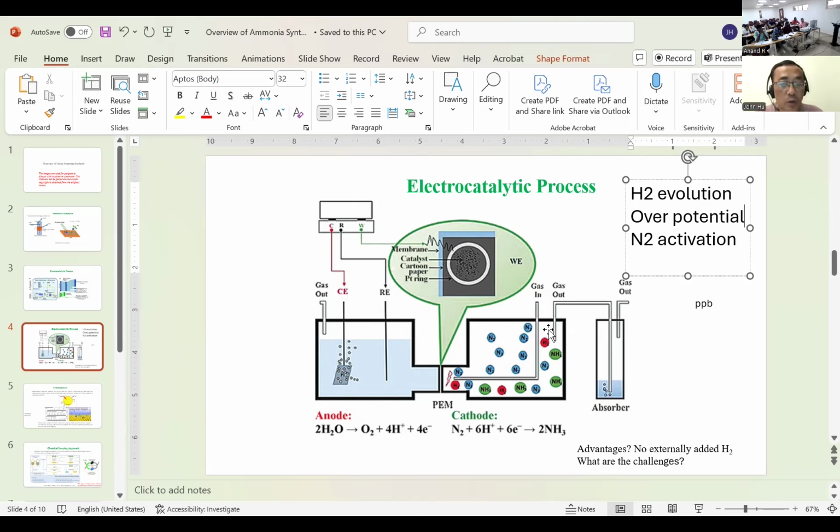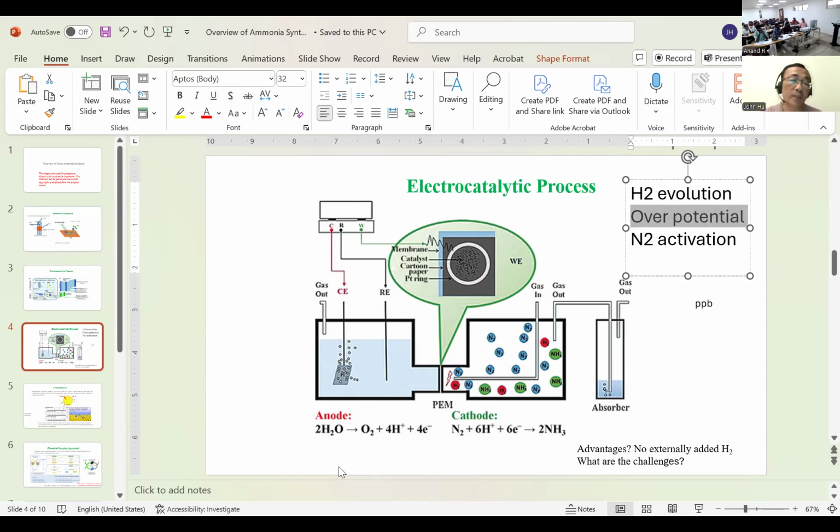In order to do so, you have to make the anode and cathode super active. Super active means their kinetics are very fast. That's the catalyst. You have to develop a catalyst, put it on the cathode to enable faster kinetics of this reaction. There's another way from the engineering point of view, or if you look at system engineering, to overcome hydrogen, it's called overpotential.